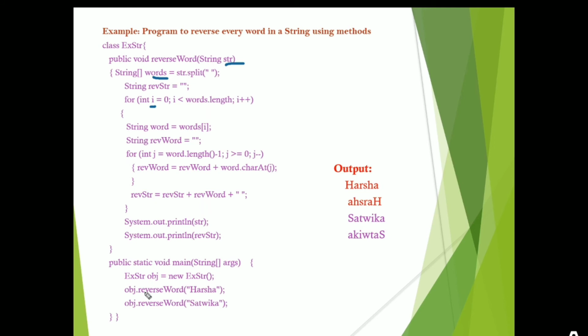Okay, here we created the object for this, and object dot reverse word, here I passed Harsha as the string, and its reverse is displayed as the reverse of the specified word. Again I passed another word, Satvika, and the reverse of Satvika is displayed like this.